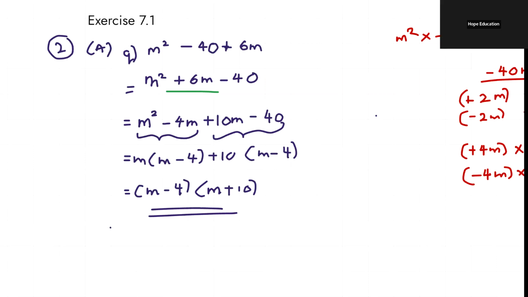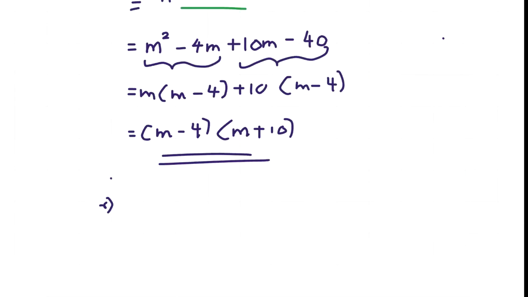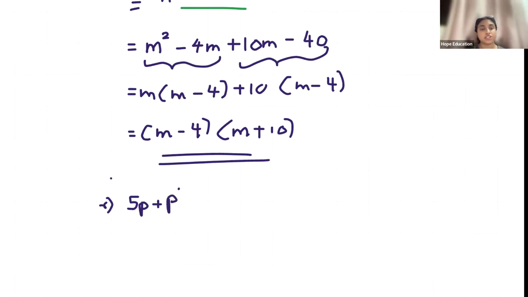Okay. So, 5p plus p squared minus 24. Again, this is not something that I'm familiar with, so I'm going to rearrange.